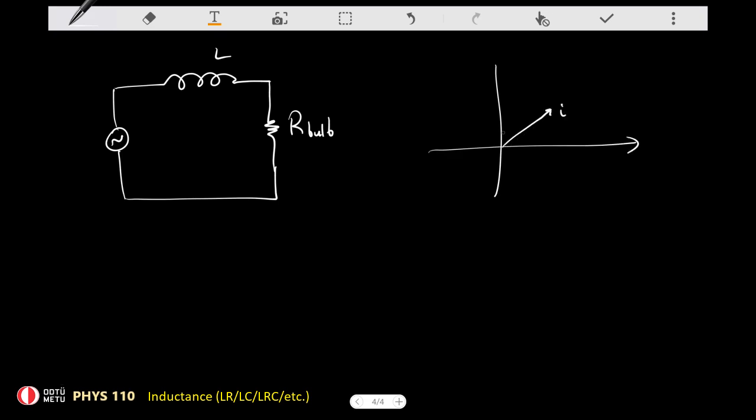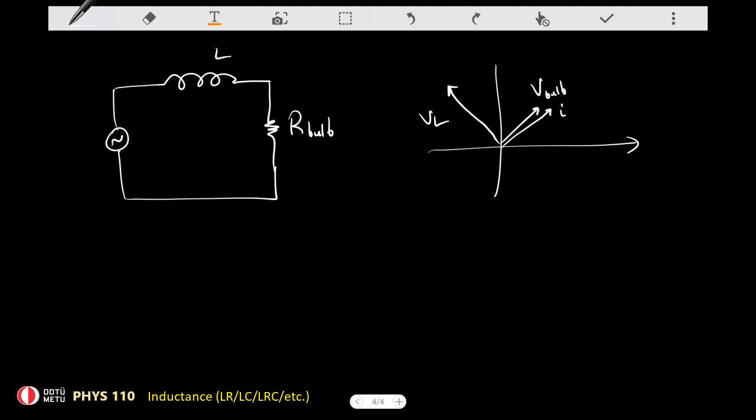There's this current in here. There's a potential drop on the light bulb, which is the potential drop on a resistor, so it is in phase with the current. And there's a potential drop on the inductor.